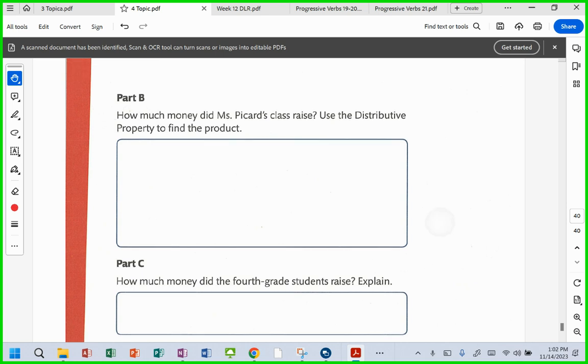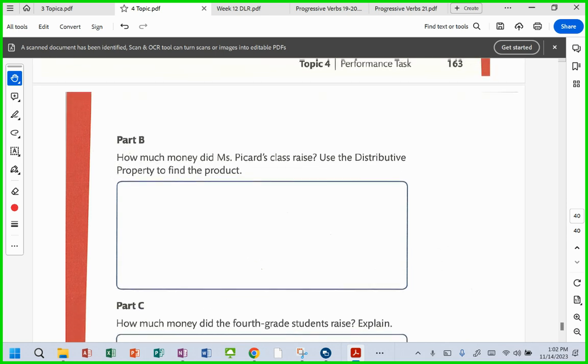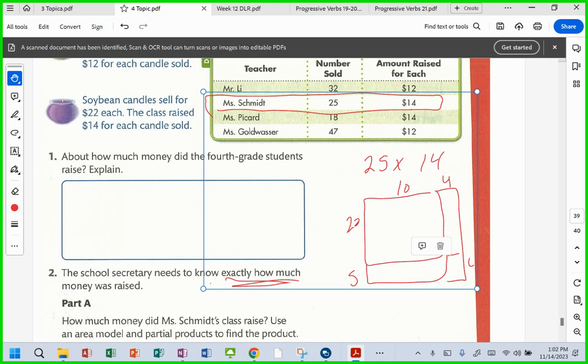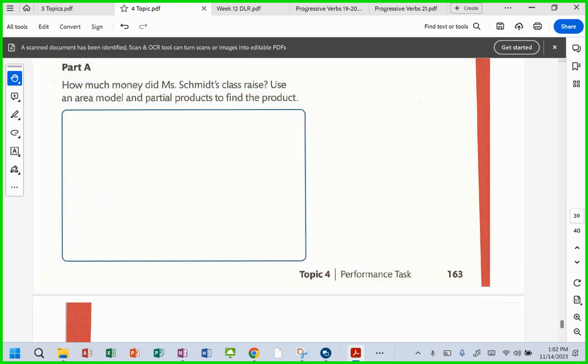Part B, how much money did Miss Picard's class raise? You could use the distributive property to show that, right? So distributive property, remember, I'll show you what that looks like. 18 times 14, right?